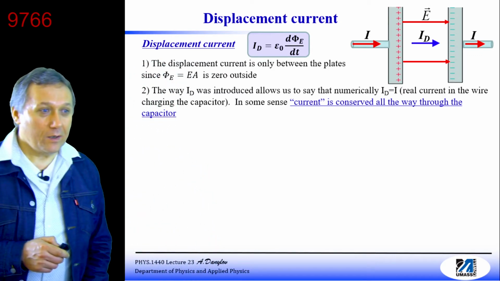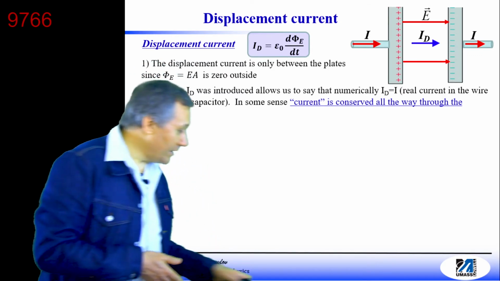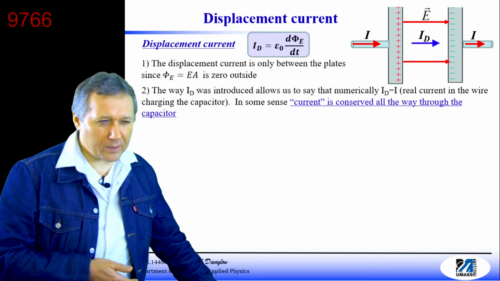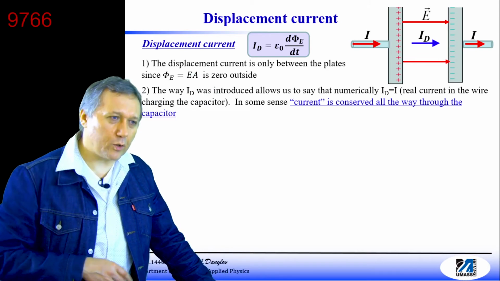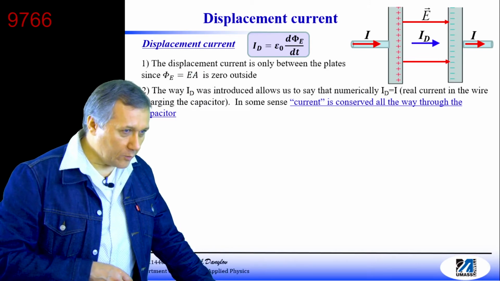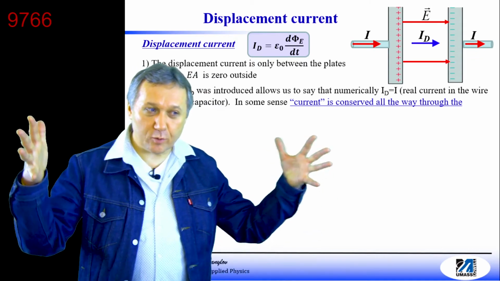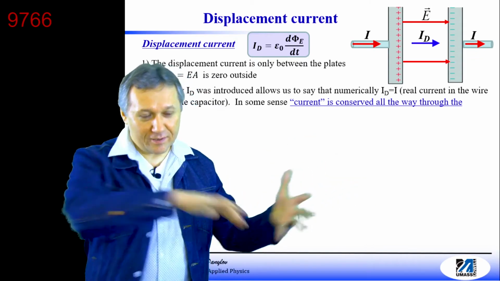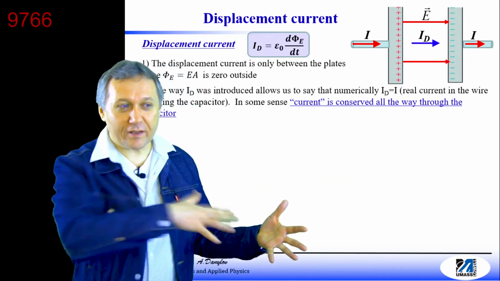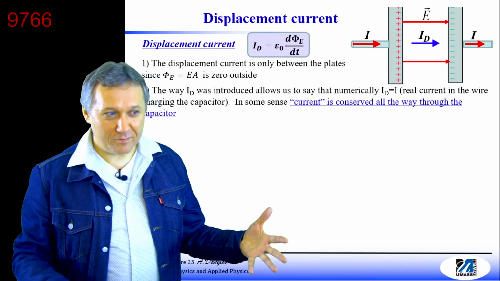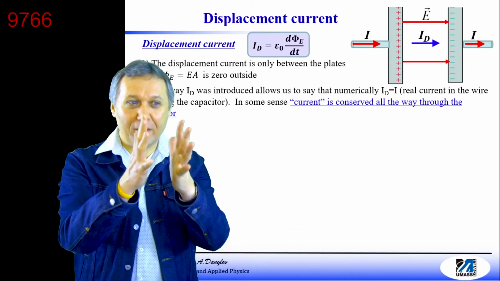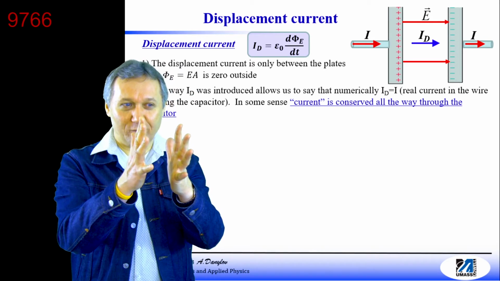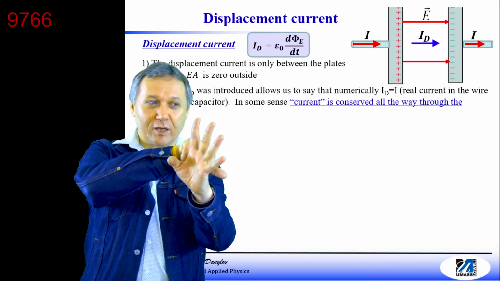All right, second. Now you remember our conservation of current, what, a month ago, where I told you if there is no junction point in part of the circuit, then current must be exactly the same. But what if we had a capacitor in that part of the circuit? Current flows into the capacitor.